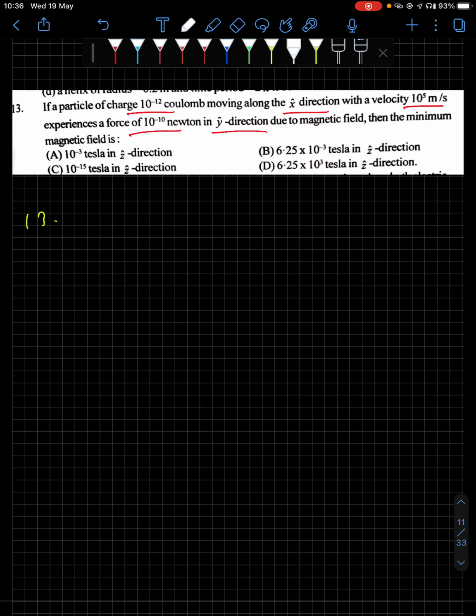So the charged particle is going along the x-axis, v vector, and force is along the y-axis. You can use Fleming's left-hand rule to find the direction of the magnetic field, which will be perpendicular to both x and y.